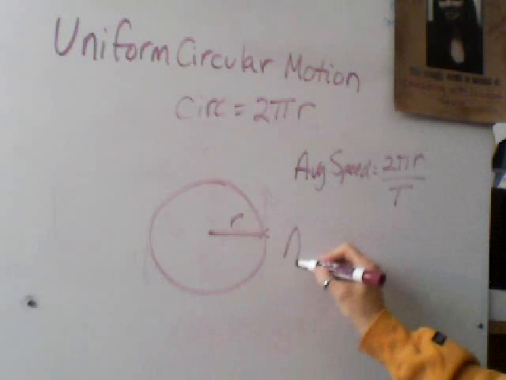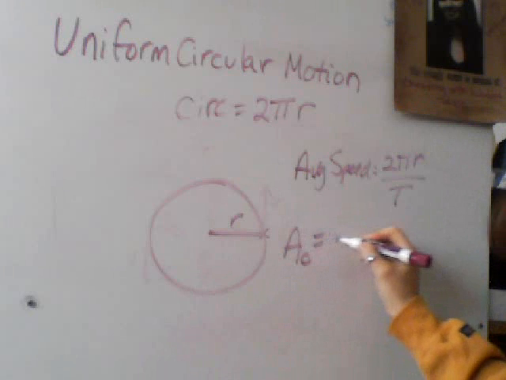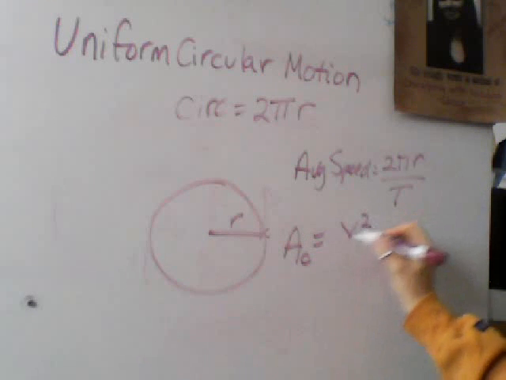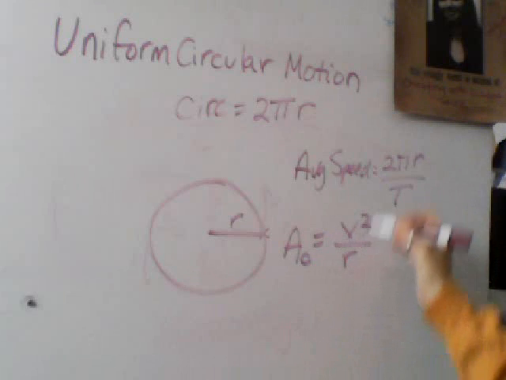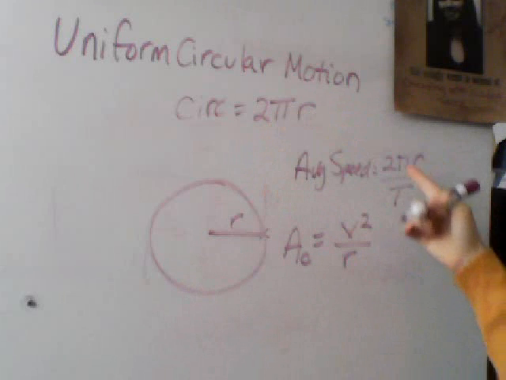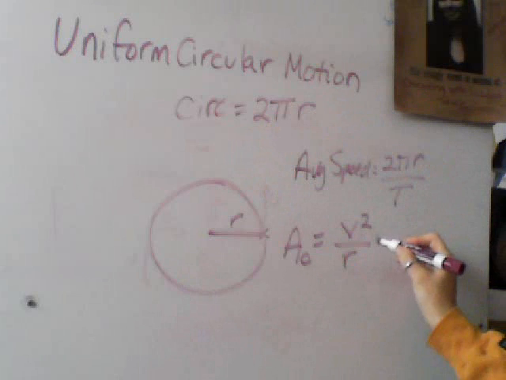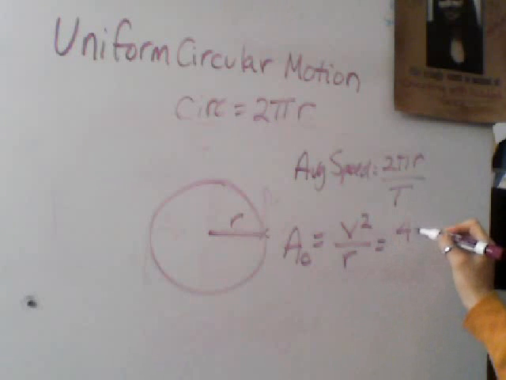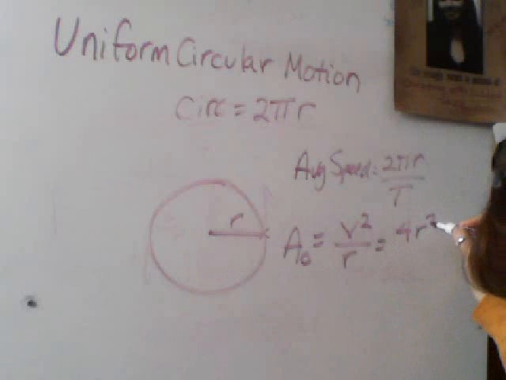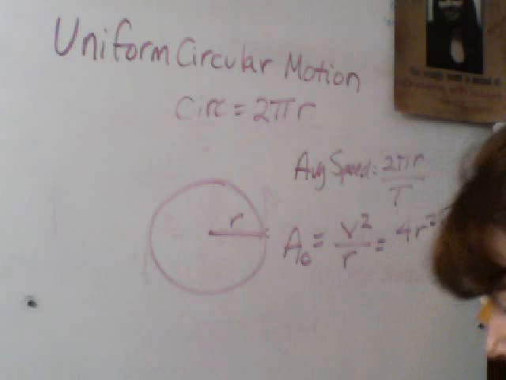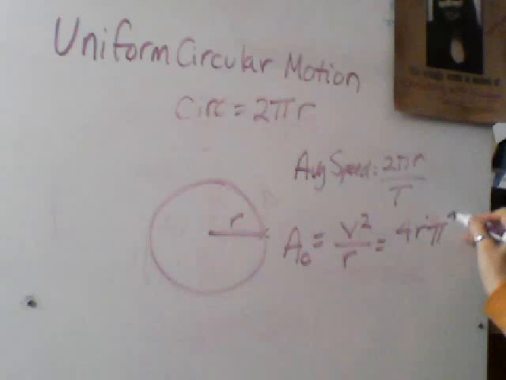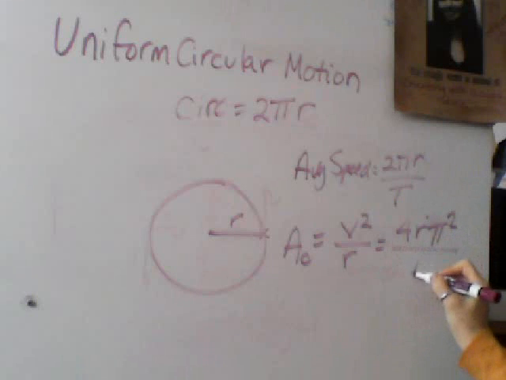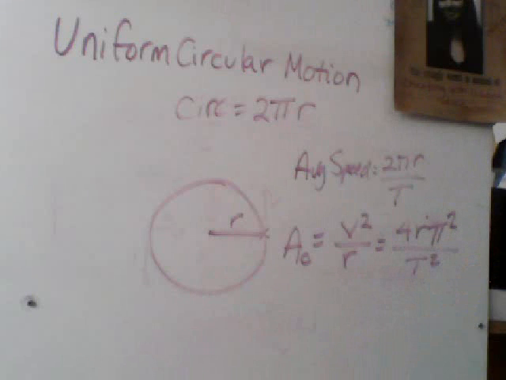And so the centripetal acceleration can be the velocity squared over the radius, and if we substituted in our old formula into there, it could also be 4 times r times pi squared over time squared.